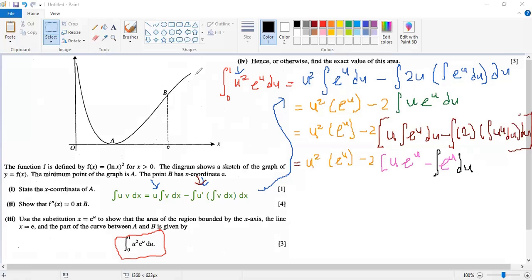Then it just becomes u squared e to the power of u minus 2. Let's do it slowly to avoid errors. This one, integrate again, also becomes e to the power of u, right?